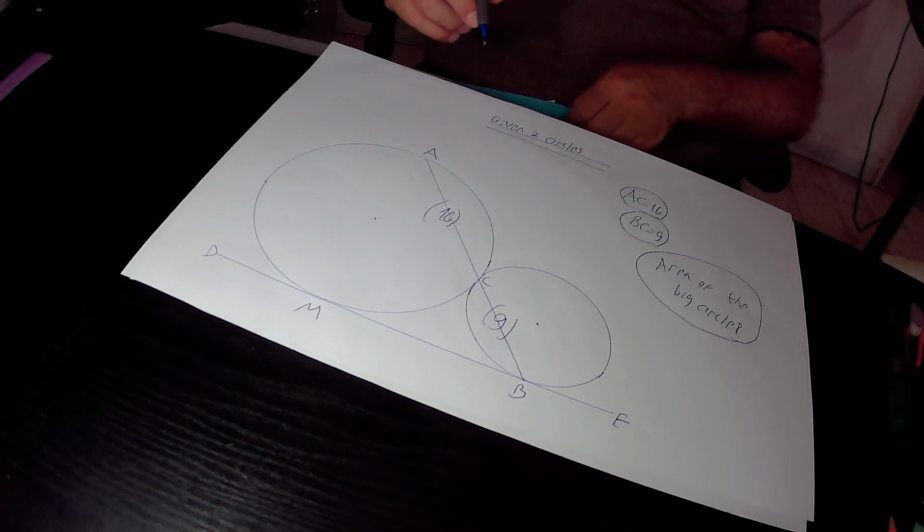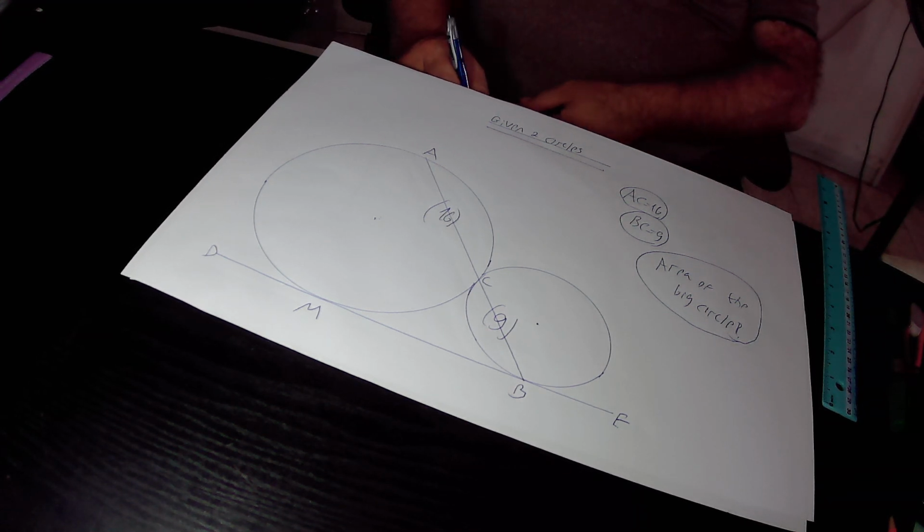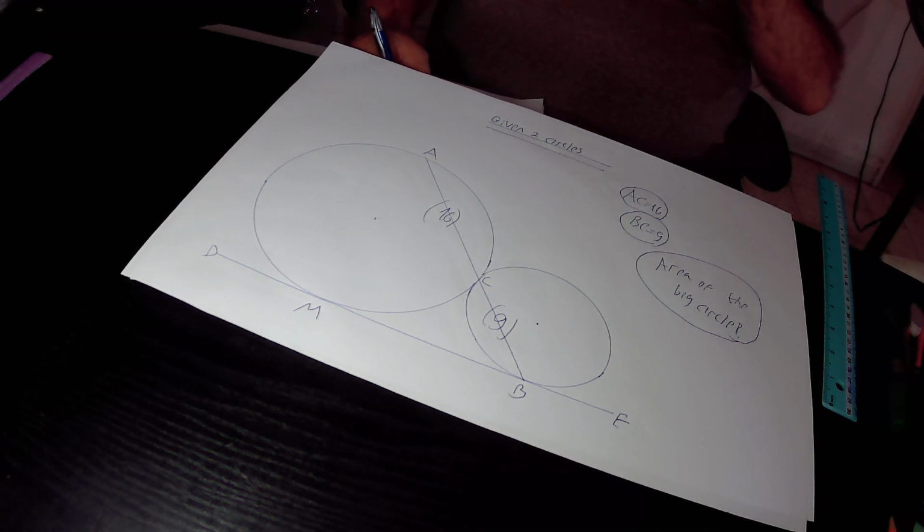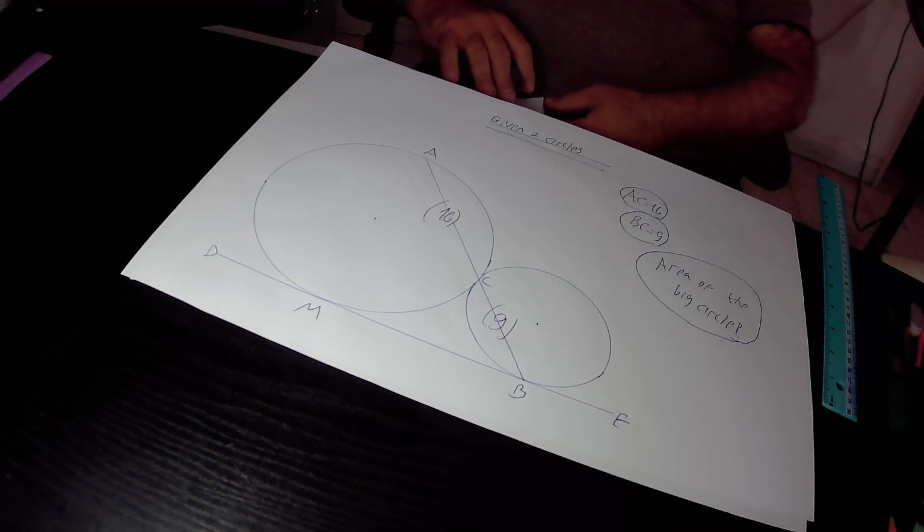So BM square equals BC times BA according to rule 10. I'll repeat again.